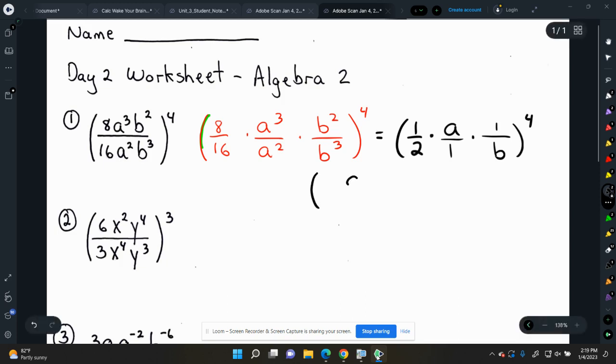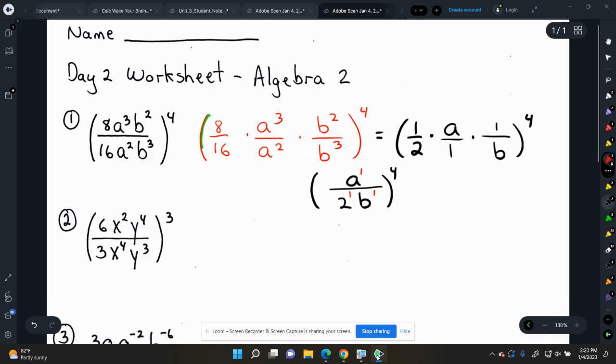We've got a on top, and we've got 2b on the bottom. So I haven't done anything new yet. This is what we did yesterday and you did for homework, right? We've simplified everything inside the parentheses. Now we're ready to distribute that 4. What's this exponent for the a? 1. These all have an exponent of 1.